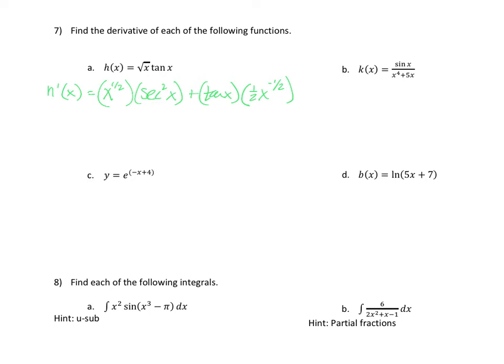Okay, b, I'm going to need to use the quotient rule. So k prime would be denominator times the derivative of the numerator minus the numerator. Oh, I don't have enough room. Move this over.